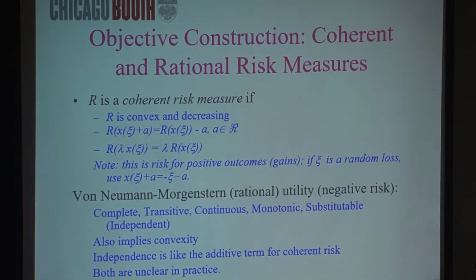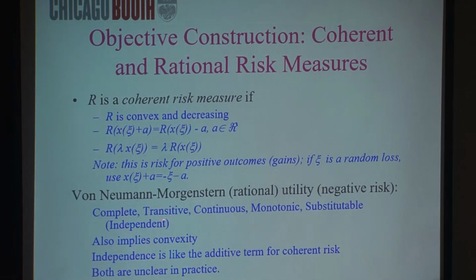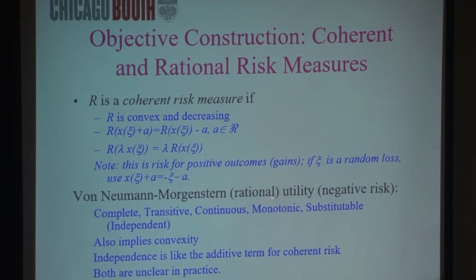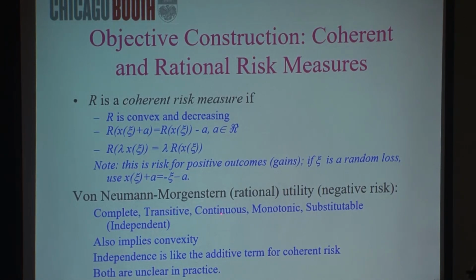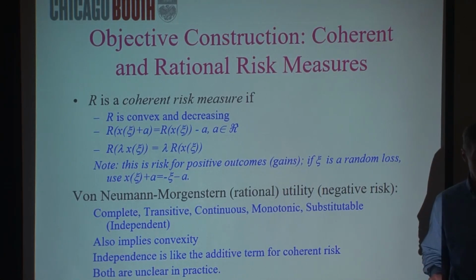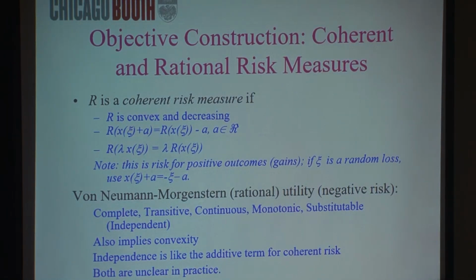That is, you can always judge whether one outcome is better than another according to a utility function. They're transitive, so if A is preferred to B, and B is preferred to C, then A is preferred to C. They're continuous, meaning that you could always find a utility that's between A and B if A is preferred to B.